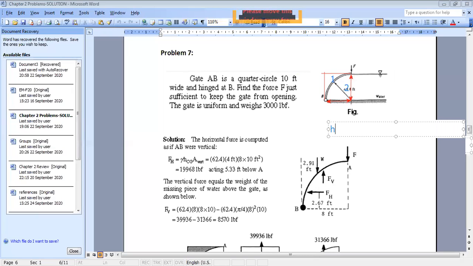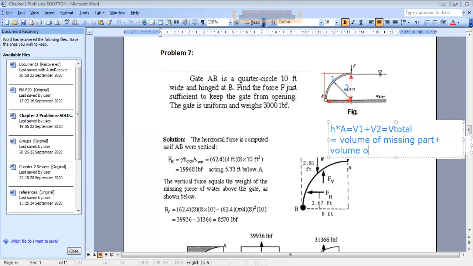I get volume 1 plus volume 2, which I will call V total. And this total volume is equal to volume 1, which I call the volume of the missing part, while V2 is equal to the volume of water. This is the volume of water.